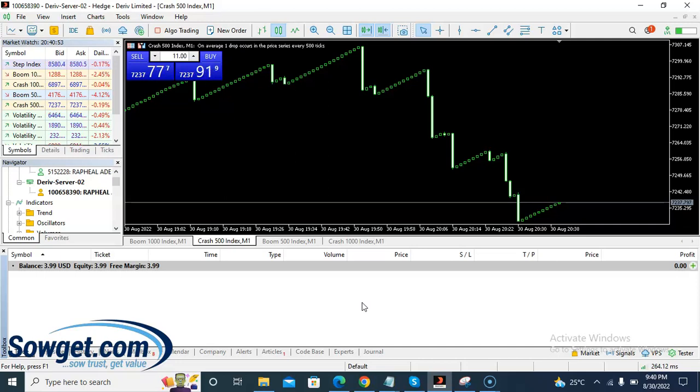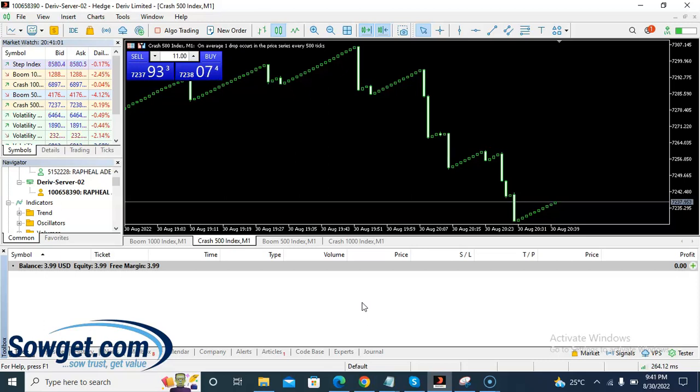We have things like 1 to 1000, 1 to 500, 1 to 100. Even some brokers offer leverage as high as 1 to 2000, 1 to 3000. So you can always adjust it to suit your risk appetite. But on Deriv, you don't. On the Deriv MT5, you don't have access to that setting or feature.